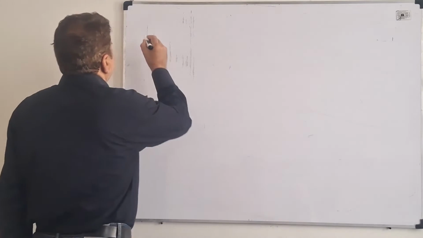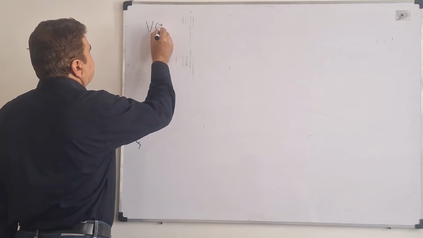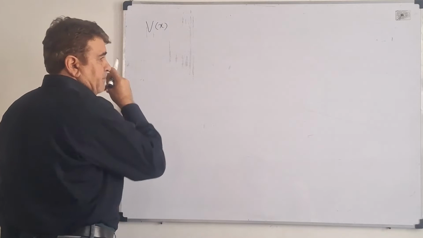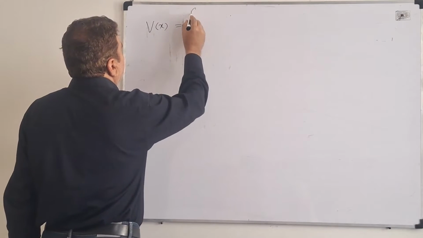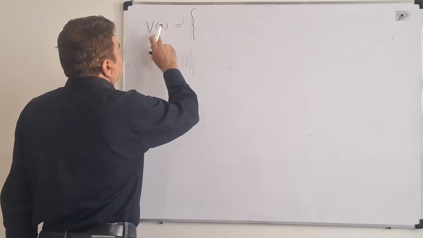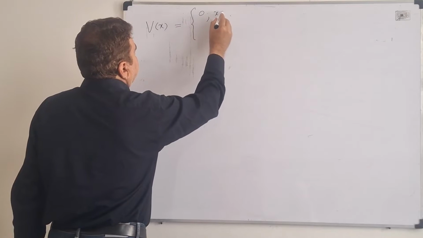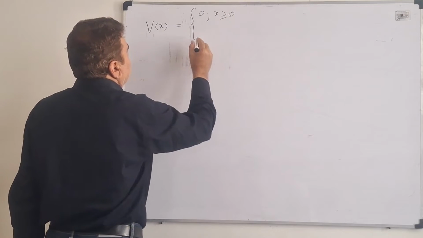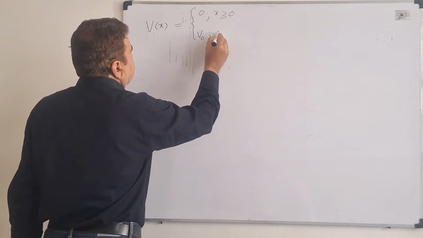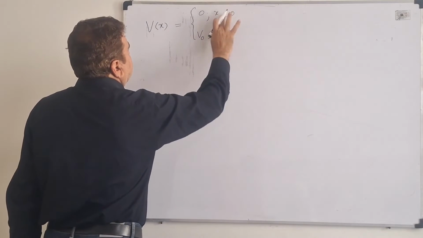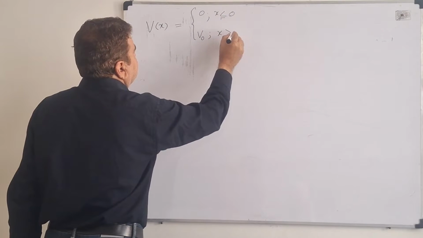The step potential for our case we will consider as a function of x, written as a conditional equation: the step potential is 0 when x is less than or equal to 0, and it is a constant equal to V naught when x is greater than 0.